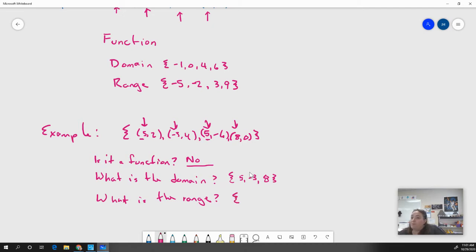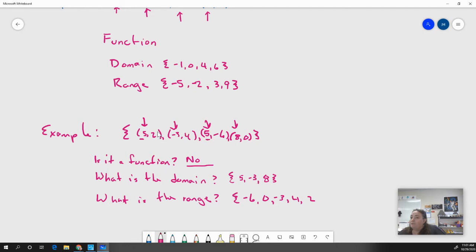My range is my y's, right? So it's going to be, I did them in order, -6, 0. I lost my order. -3 and 4 and 2. Did I miss something up here? -3, 8. Do I have too many? I have too many.